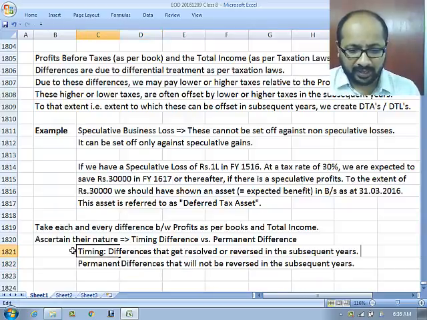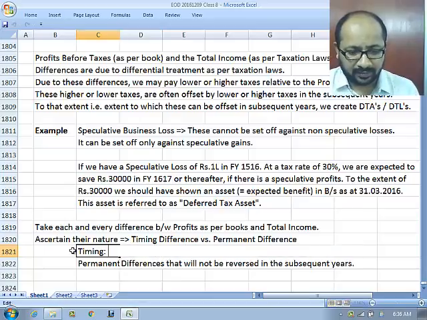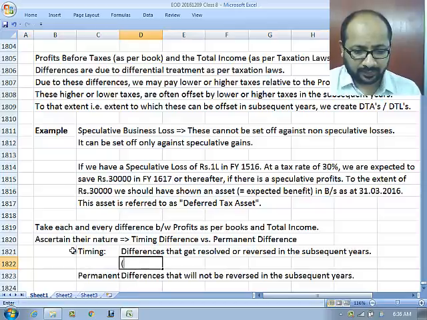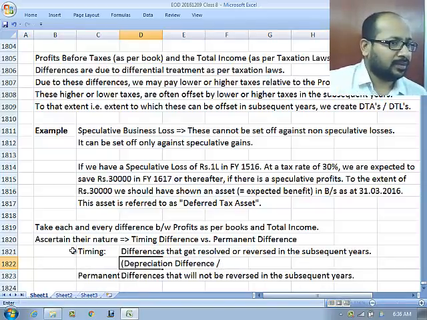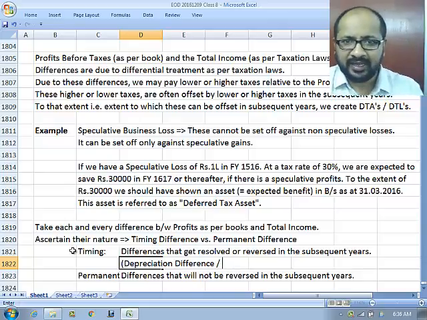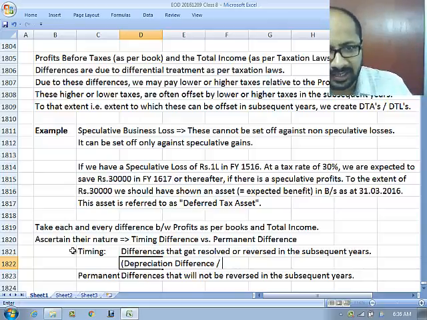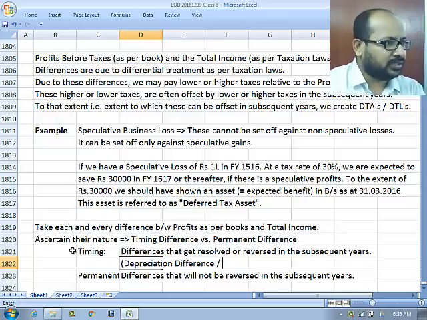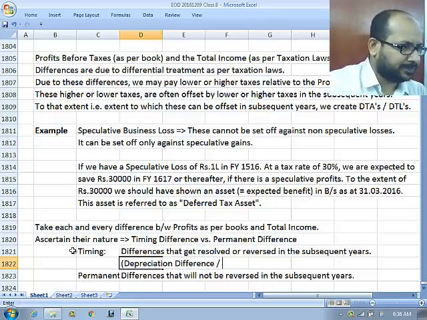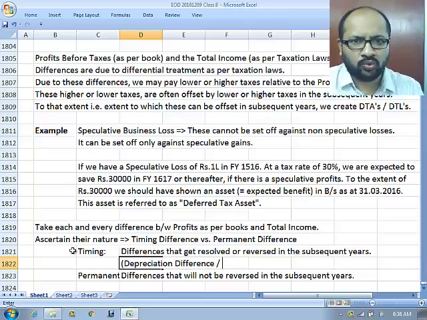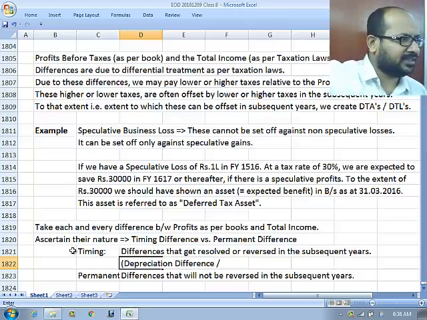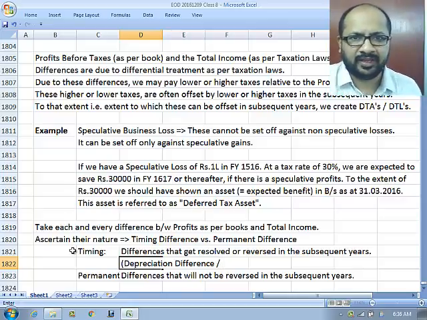Now, how do I understand this? Once again, notice carefully. The most popular one is the depreciation difference. In a very ideal scenario, if you buy an asset for 100 rupees, you can only charge a depreciation of 100. For taxation law, you might split the entire depreciation of 100 into 20, 18, 17, 16, whatever number over a period of, let's say, 15 years.